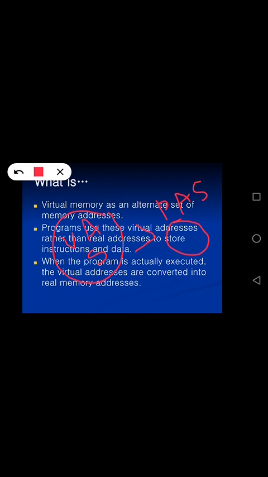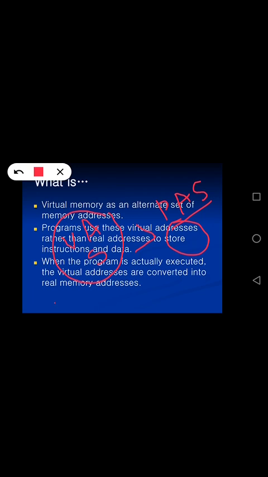Why? Because the programmer has full freedom of having a larger address space when compared with the physical memory address space.